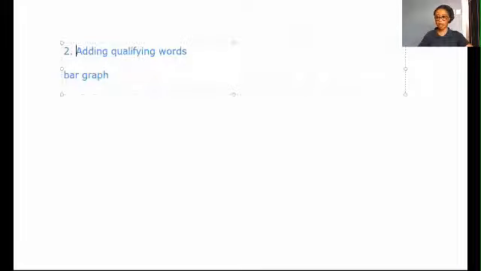The third thing you can do is to modify the class of the word. And what do we mean by modifying the class of the word? Every word that you have in English belongs to a class. And these classes include verbs, nouns, adjectives, prepositions, pronouns, and so on and so forth.